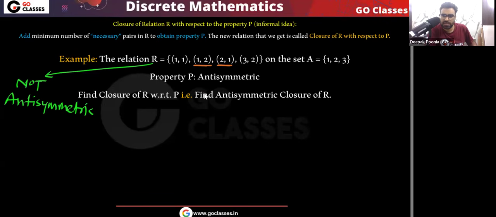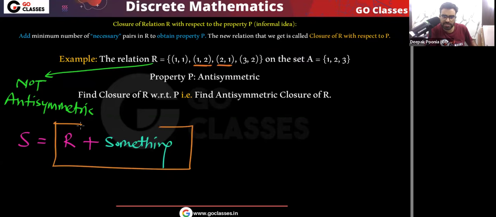So tell me one thing. Can I add something to R and bring this anti-symmetric property? No. By adding something to R, this violation will never be gone.